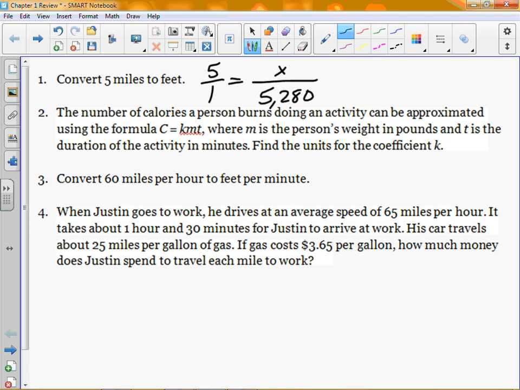So if I were to solve this problem, I would cross multiply, and as you probably worked it, you just took a basic calculator and multiplied 5 times 5,280, which, by the way, leads me to this.